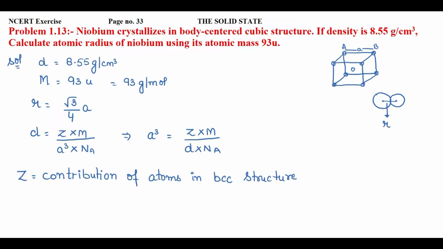Here the atoms at the corner contribute 1 by 8. For one atom there are total 8 atoms, so it will be 1 by 8 into 8. That means contribution of these 8 atoms will be equal to 1 atom, right?